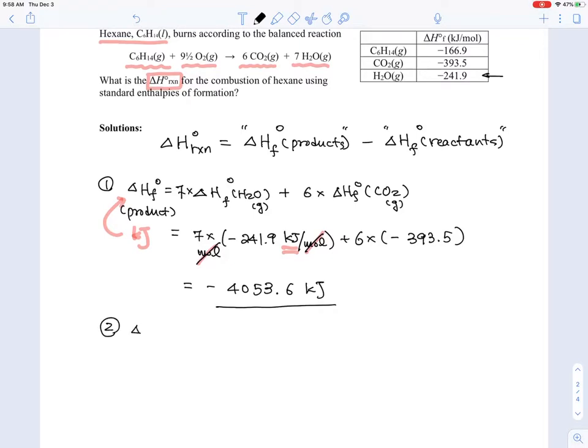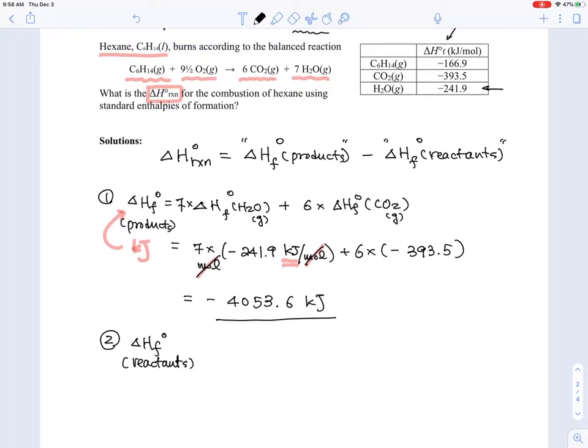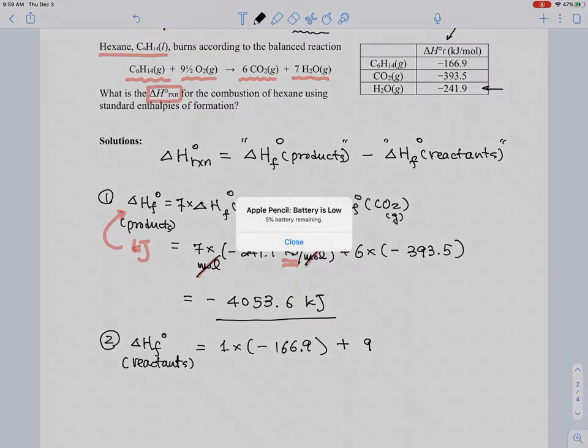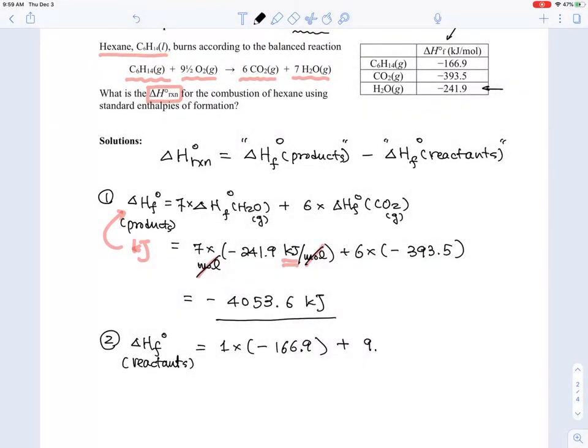Okay, so what about the reactant? The heat of formation of reactant. The reactant is hexane, and hexane is as it is, so 1 times the heat of formation, minus 166.9, and the end unit is a kilojoule now, and plus the oxygen, 9.5 multiplied by this.